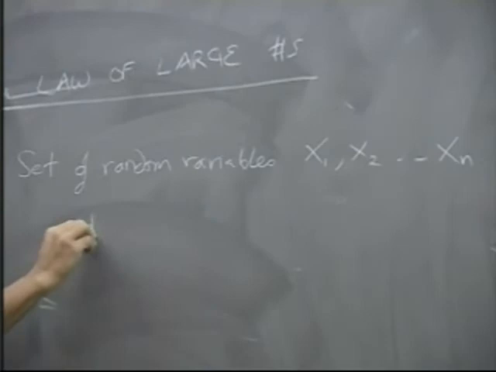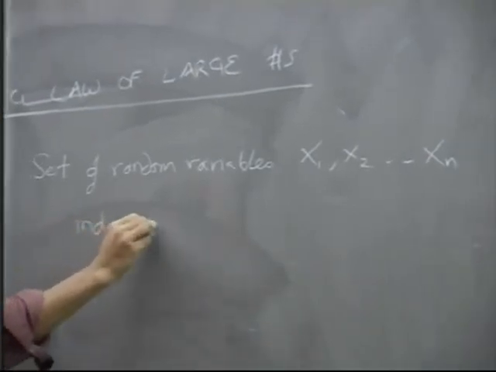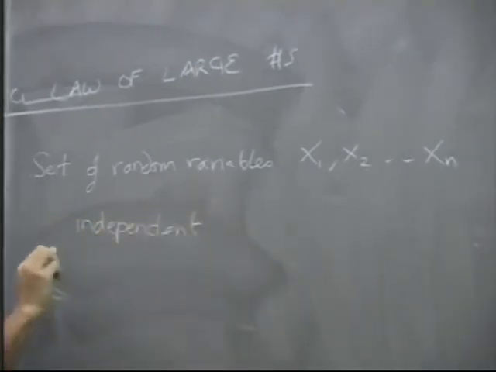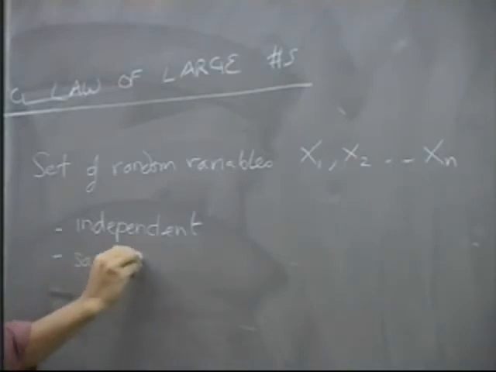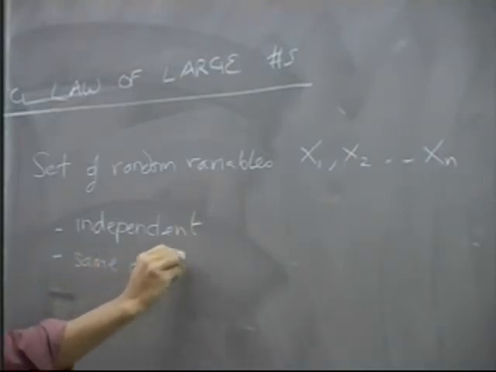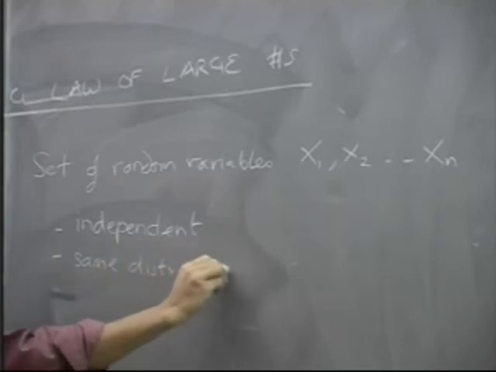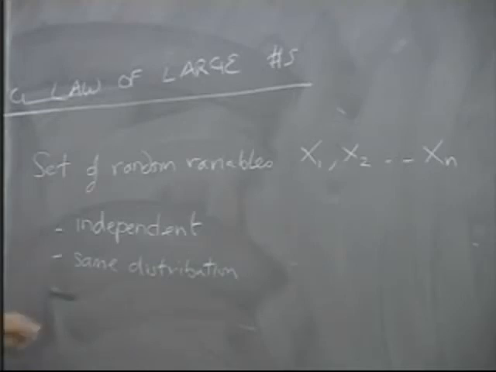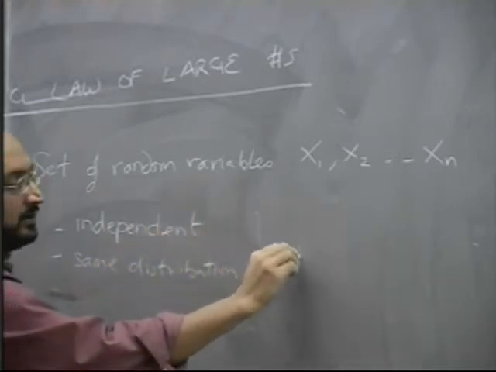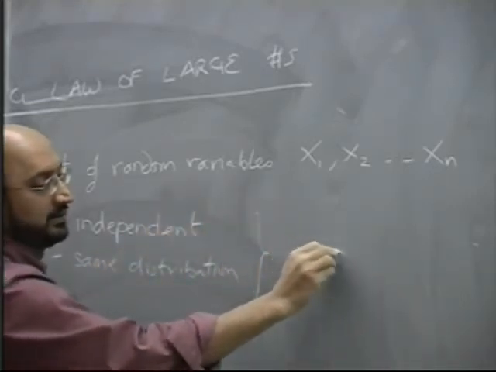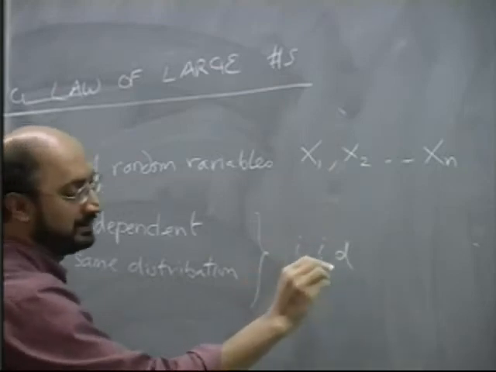And assume that they have the same distribution. Whatever the distribution is, I don't know what it is, but they're the same distribution, and these two are often standardized to IID, independent identically distributed.